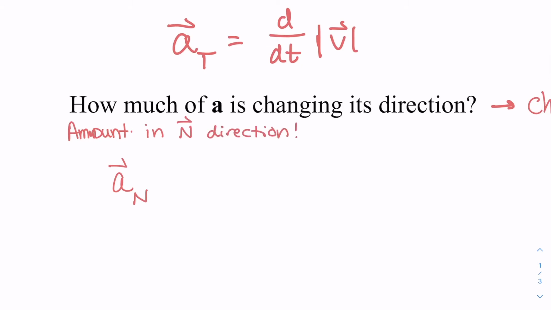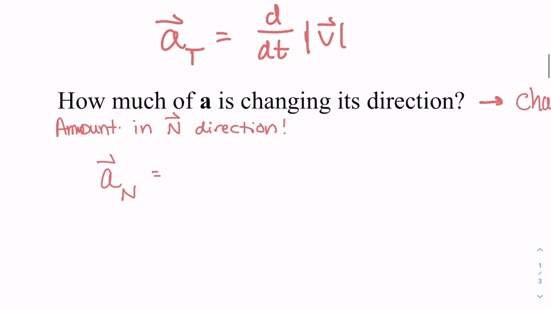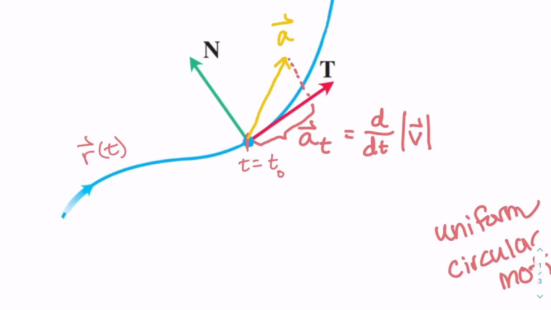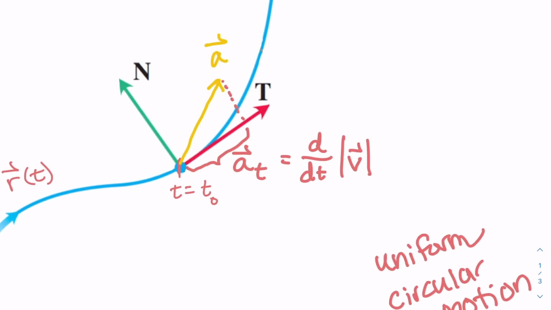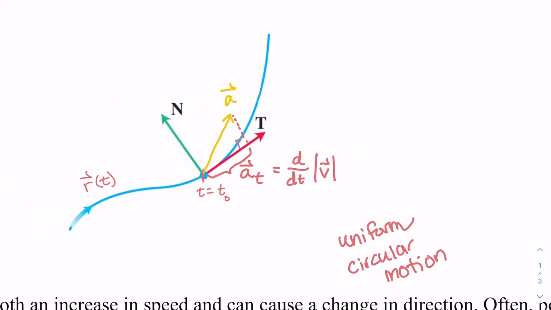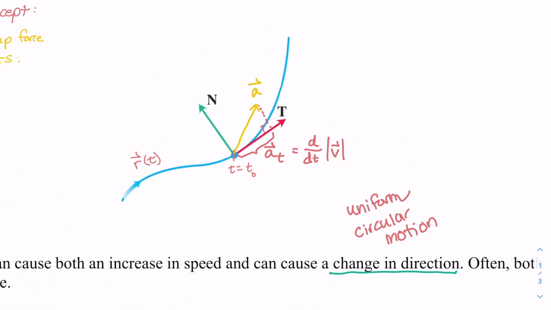And that is equal to, well, if you take a look at the diagram, the way we can find the amount in the normal direction is if we know the acceleration and we know how much is in the tangential direction, then this will always form a right triangle, and we can just use a version of the Pythagorean theorem to construct the other leg of that right triangle.